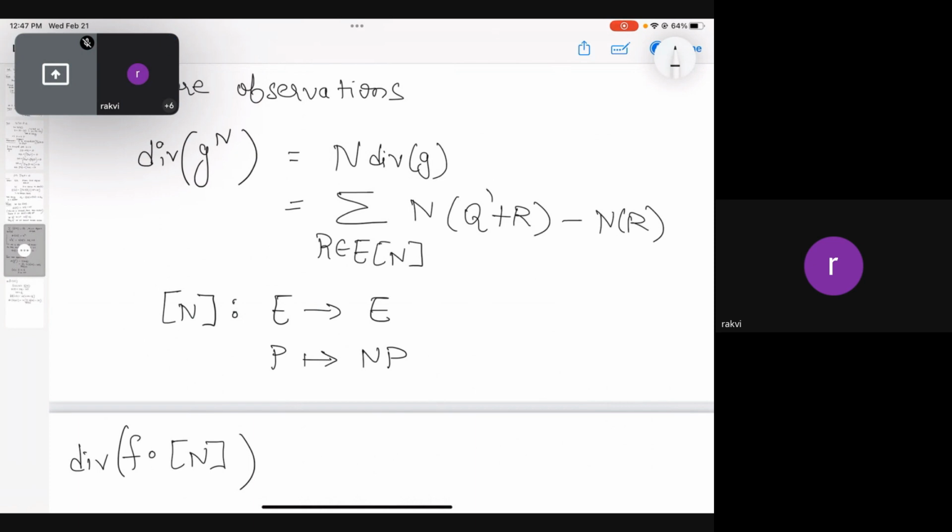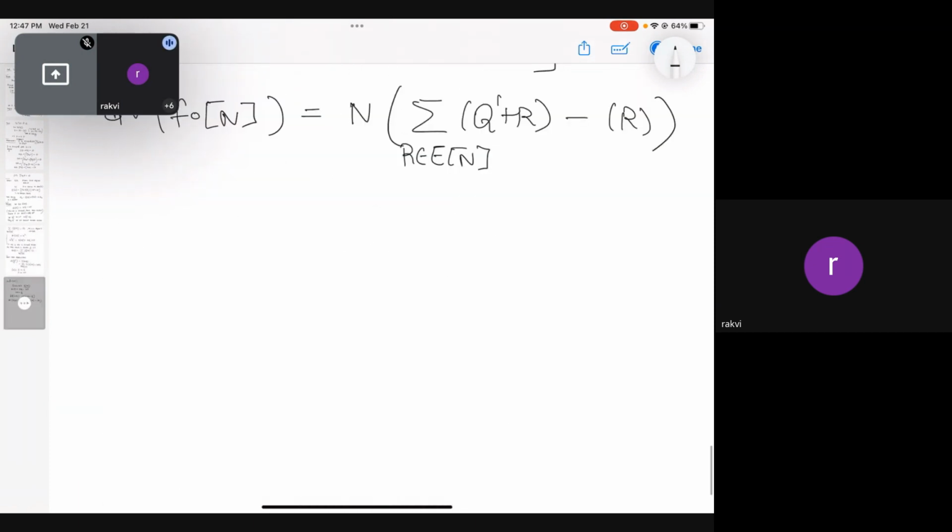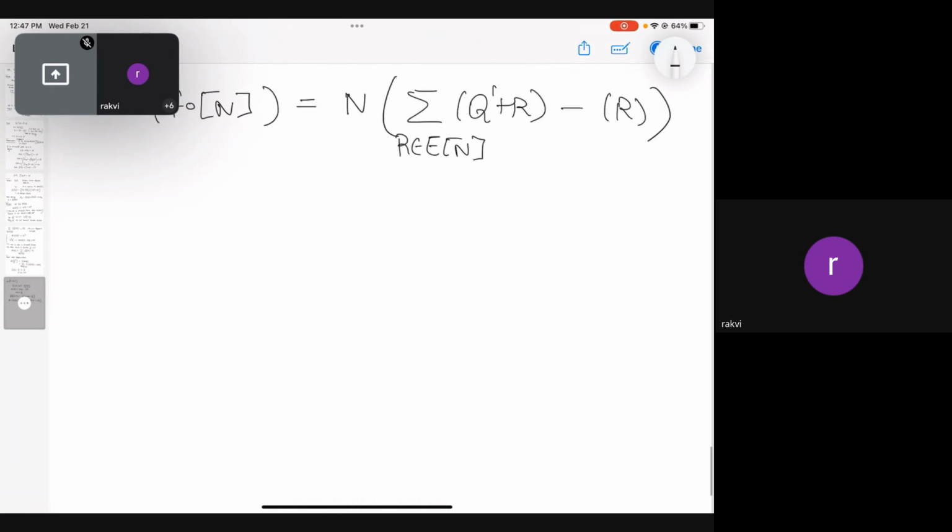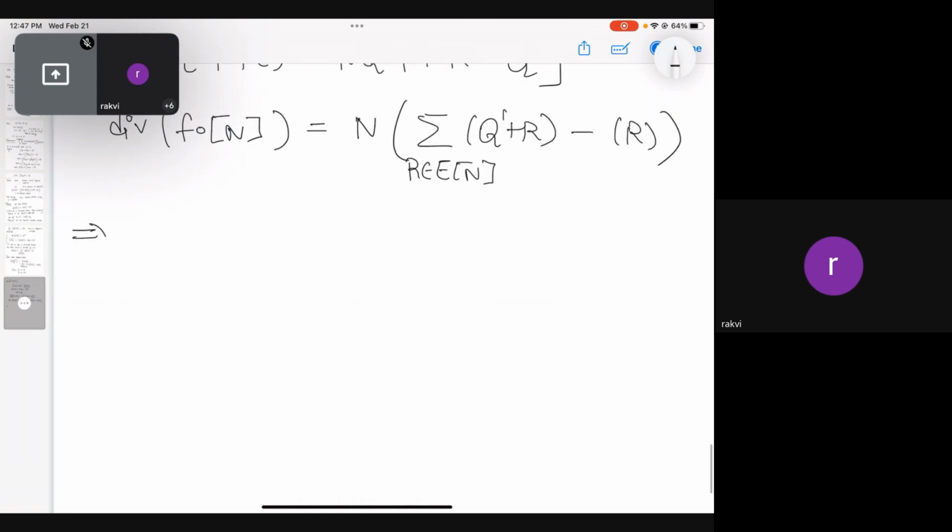Okay. So this composition and g to the power n have the same divisor. Now what does it mean? That they have exactly the same poles, exactly the same zeros, counted with multiplicities.